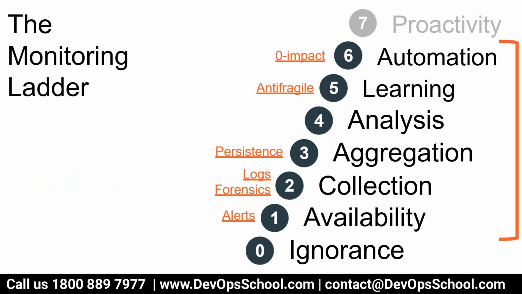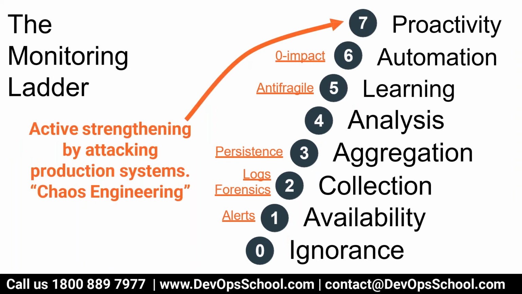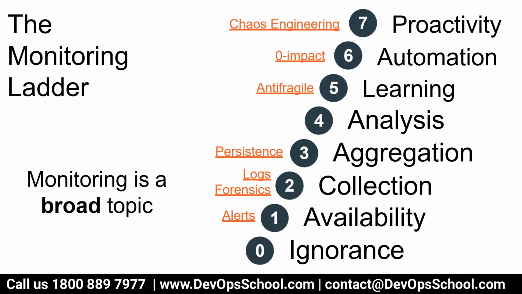Proactivity means, based on steps 0 to 6, you can forecast things. Finally, active strengthening by attacking the production system is called chaos engineering. So these are the monitoring ladder steps we have.